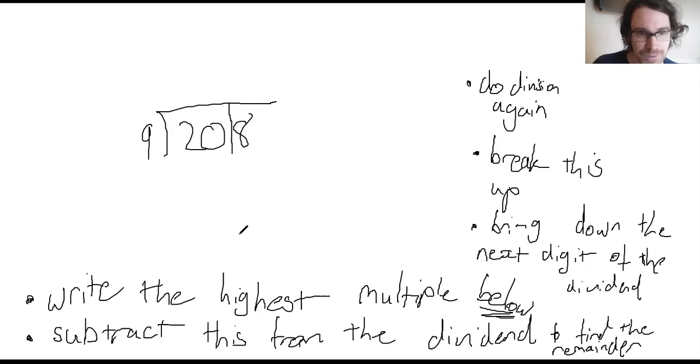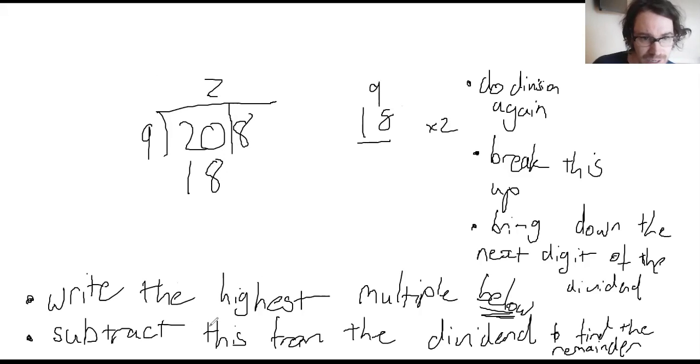So what's the highest multiple we can get of 9 before we get to 20? 9, 18, we'll stop here. 9 times 2 is 18. Now we're going to subtract this from the dividend. So the dividend's up here. We'll subtract 18 from 20. We'll find the remainder, 2.